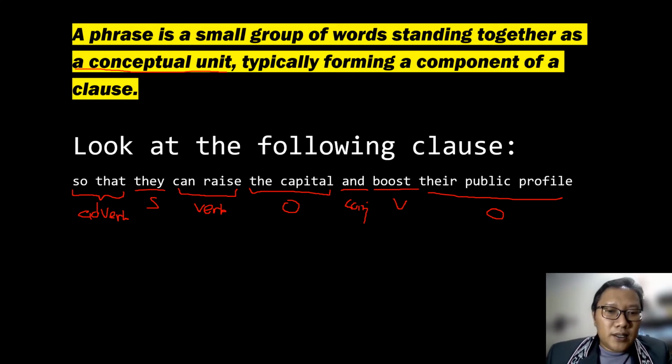The capital, this is what we call a nominal phrase because it has a similar function to a noun. Also this one, also a noun phrase. So we can see that boost is a verb and it's a word. Can raise, it's also a verb, but it has two words, so we call it a verbal phrase.